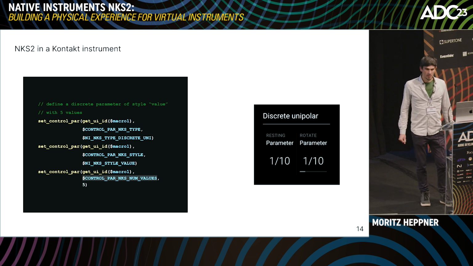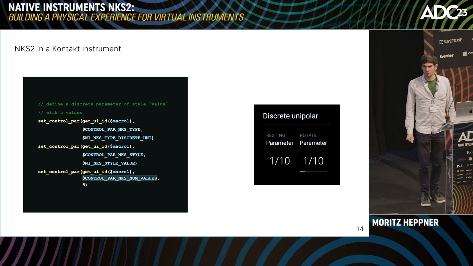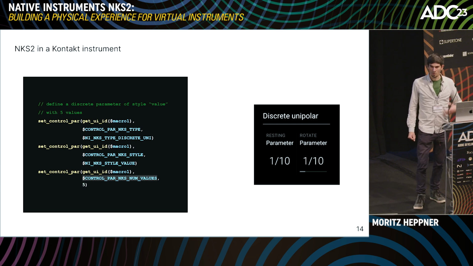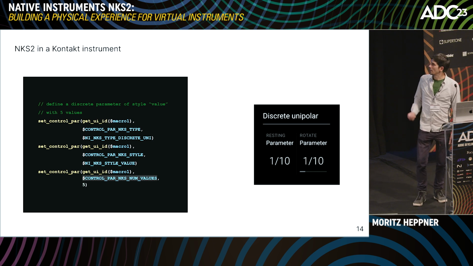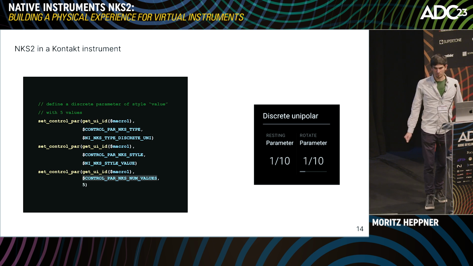This is a mandatory control parameter for a discrete parameter, which tells us how many values your parameter has overall. We need this information to, for instance, draw this indicator that you see there below the value string in proportion to the overall range.